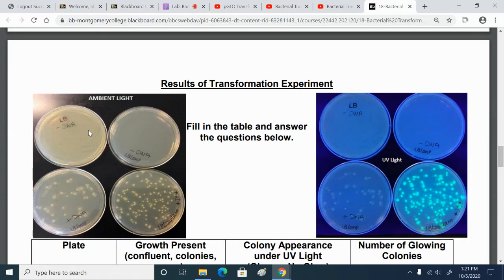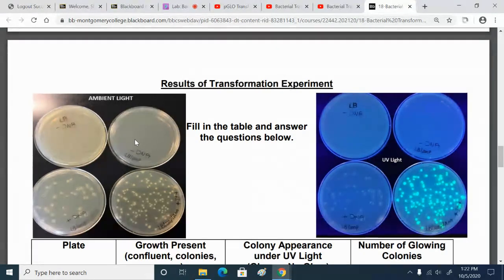Are they the positive? Well, they're controls, right? They're controls. So this plate is especially important because it tells us that E. coli is not resistant to ampicillin.